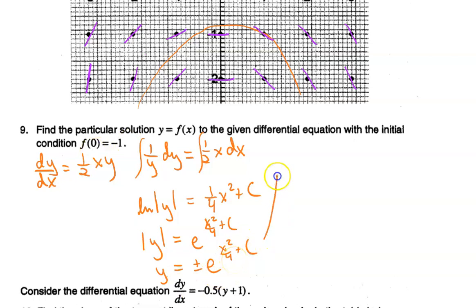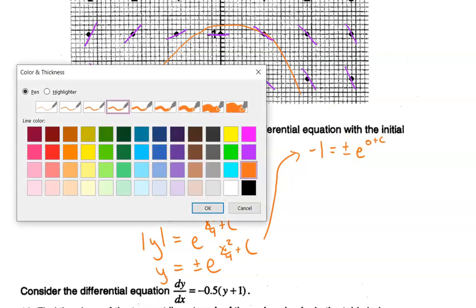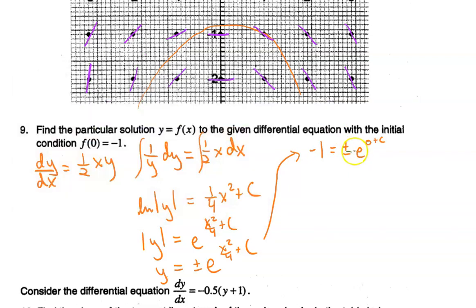So I end up with -1 equals plus or minus e to the 0 plus c. Now, if this is a negative over here, I know I need a -1 as my coefficient. So I'm going to keep the negative, okay? Not the positive, because I want it to match this.